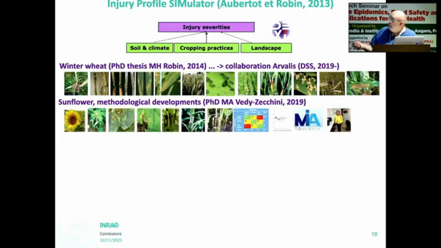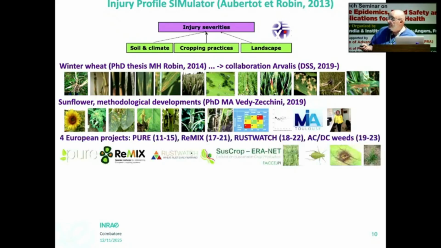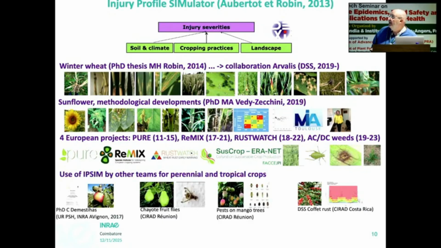After we did another PhD on sunflower, we progressed more on the modeling methodology. It was used in 4 European projects, which are listed there, and we applied it to weeds or to rust on wheat and even to intercropping.